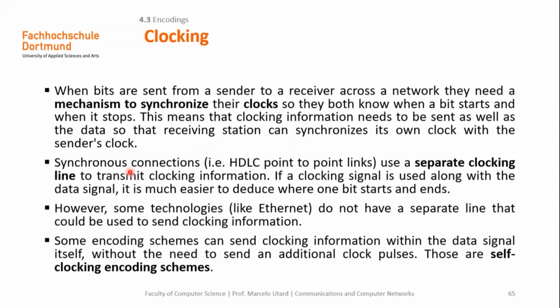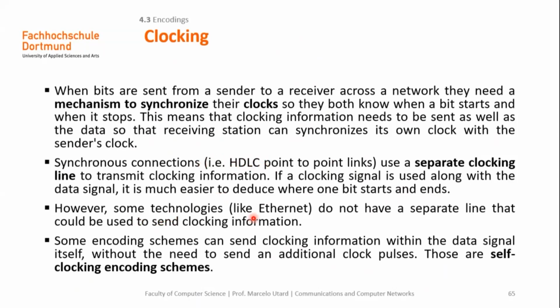Synchronous connections, for instance, HDLC point-to-point links, use a separate clocking line to transmit clocking information. If a clocking signal is used along with the data signal, it is much easier to deduce where one bit starts and ends. And this is the case in synchronous transmissions, like, for instance, the transmission used in HDLC links.